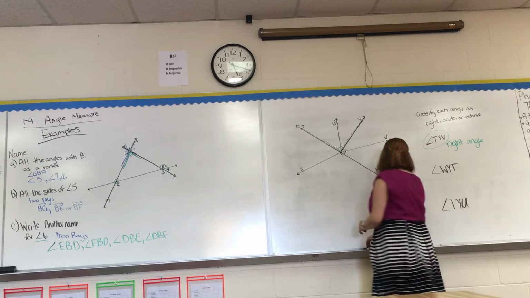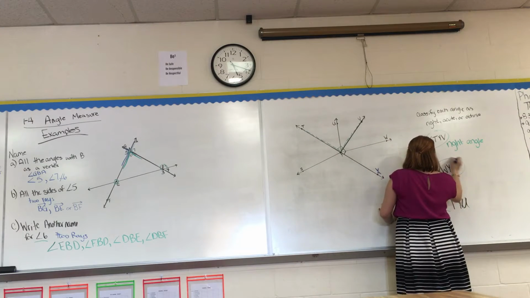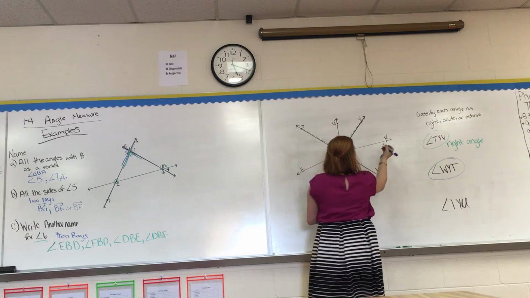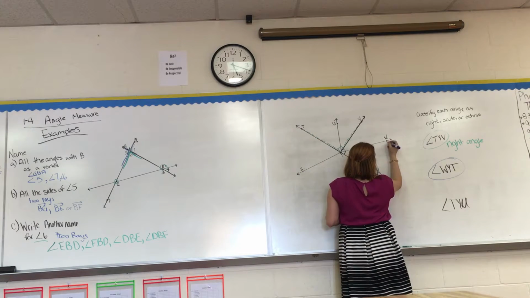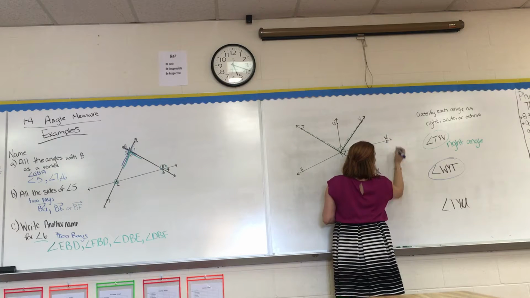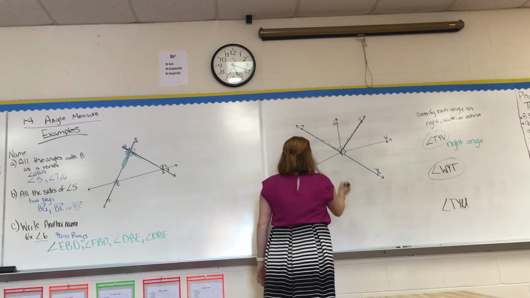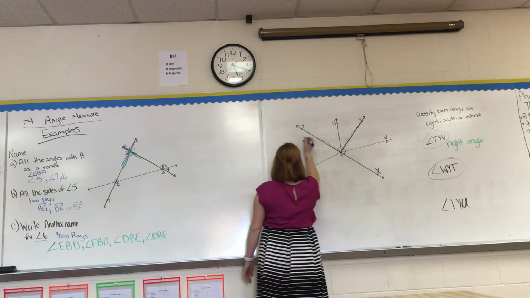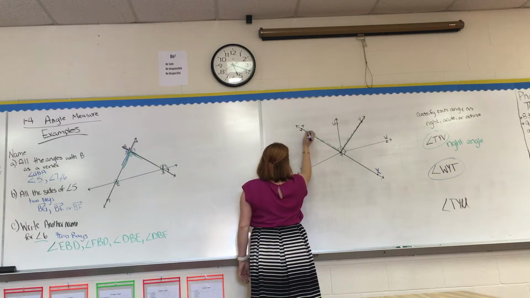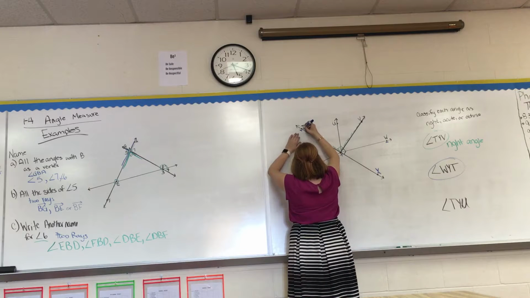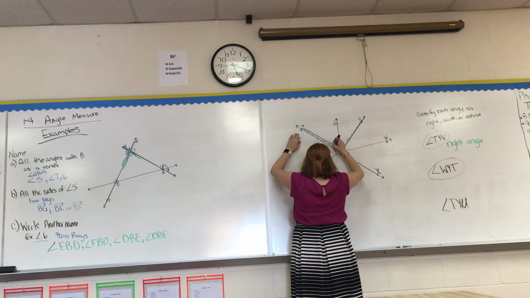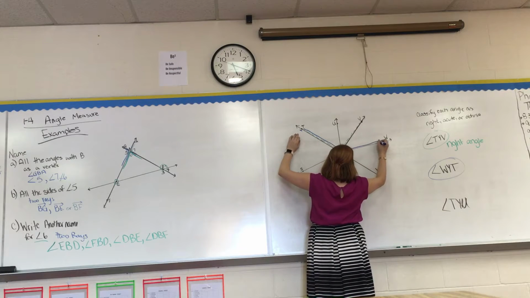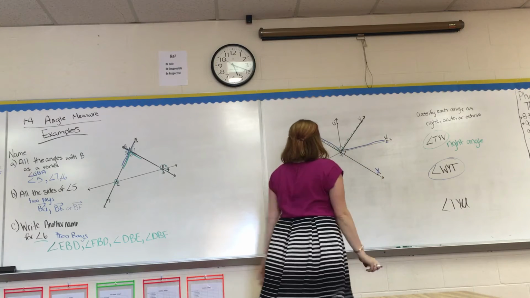Okay, next we're going to do angle WYT. First off, we need to find W. W is here. We need to find Y. Y is here. And we need to find T. T is there. So we have WYT. We can bring T down to our Y, and then bring it over to our W. What does that angle look like?